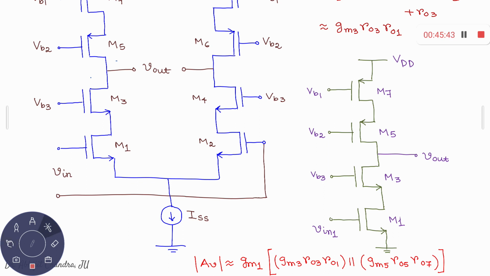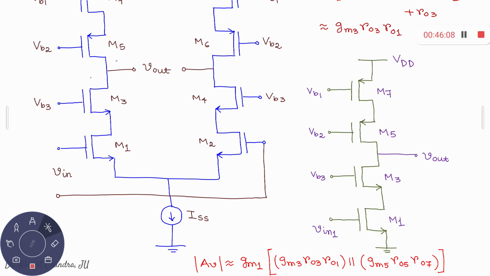This is the amplifying MOS, and then you have the corresponding resistance between this terminal and AC ground, VDD, and this terminal and AC ground. What is that?